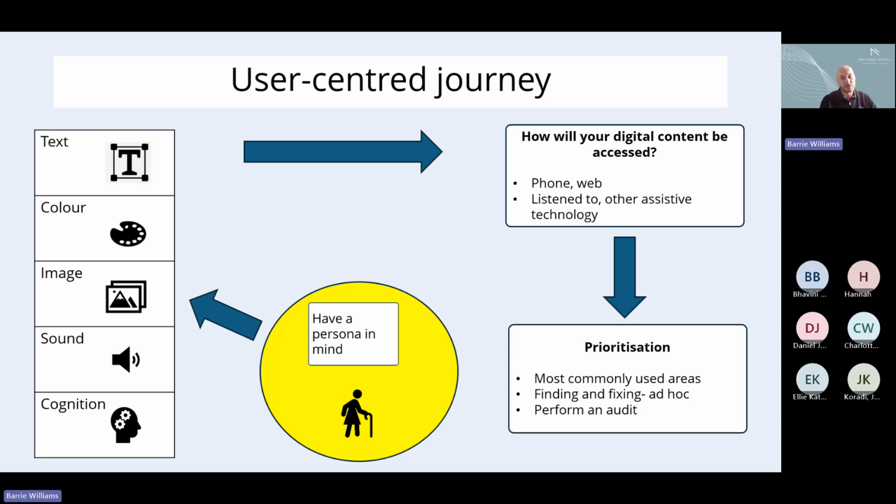It's very tempting, with all the background noise out there, to think about assistive technology, legislation, WCAG and all the rest of it, but actually start with the basics. It starts with you designing good text, good colors, good images. Start there, and then you can build up from there on in.